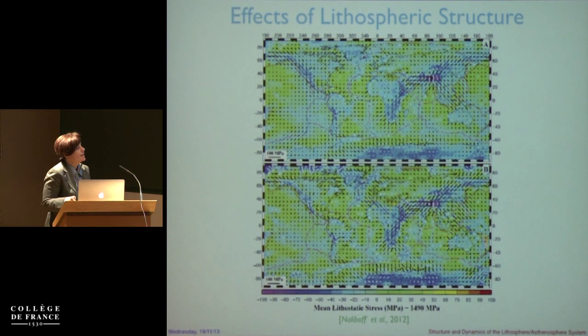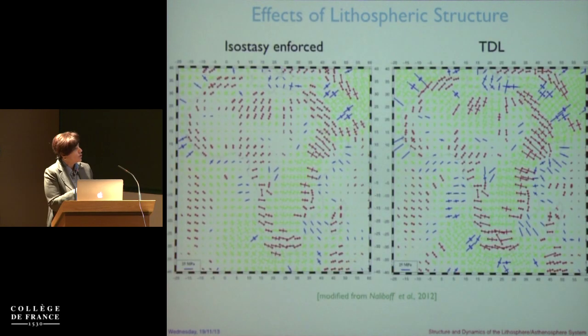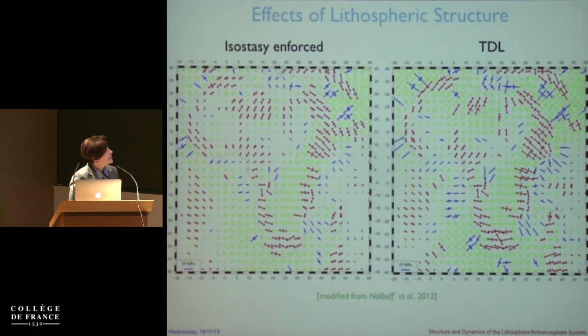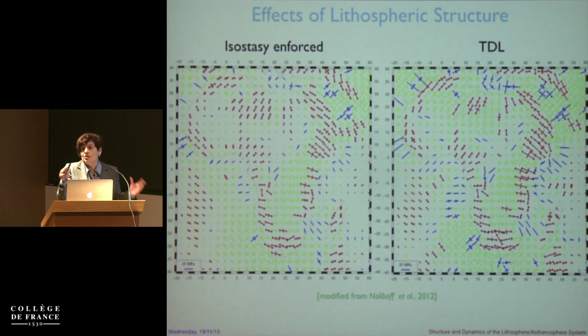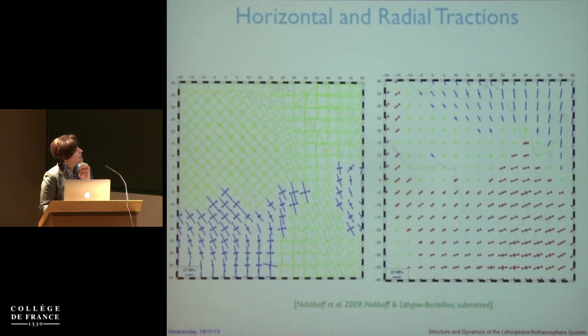At the bottom here, instead, I'm using my lithospheric structure model where the dynamic topography has not been removed, it's assumed to exist. If we go in more detail now to Africa again, which is a good place to go, you'll see that the overall directions, which are controlled largely by topography, are the same, but the magnitudes are slightly different.